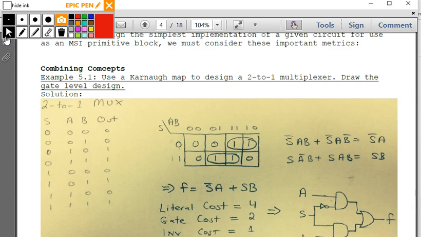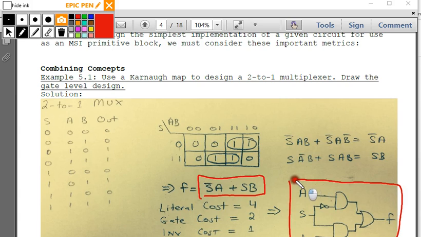So now your logic function for your multiplexer is S bar A or SB, which then comes to this circuit here. So then we have our S, we invert it, and it's ANDed with A. S becomes B here, so this is an AND here.